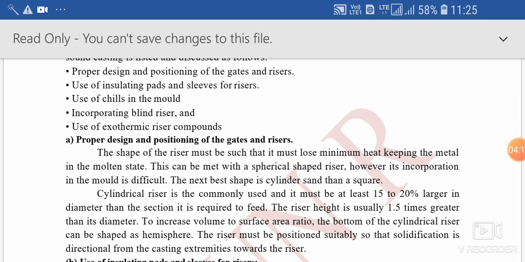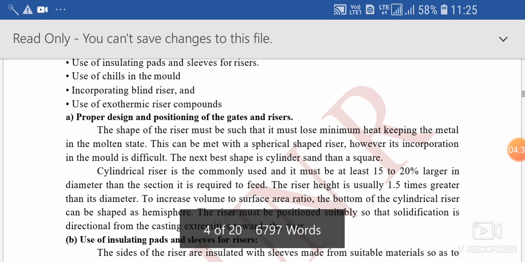This is met by the spherical shaped riser. However, incorporating it in the mold is difficult. The next best shape is the cylinder, then a square cylinder, and then a square.